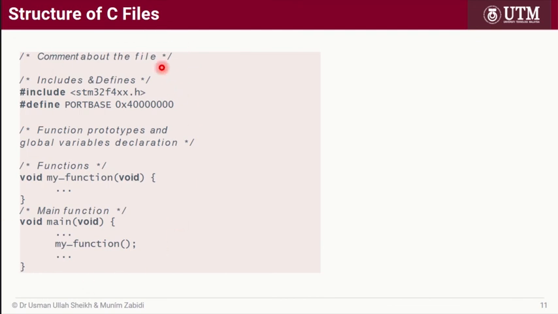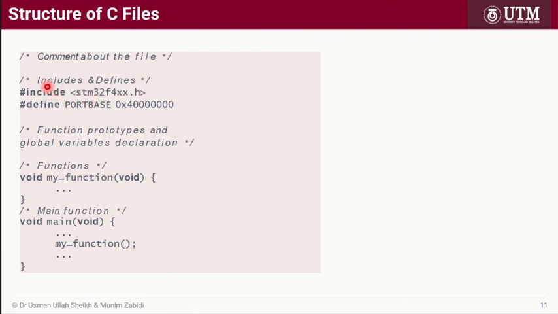The C program can be divided into 4 main parts. The first part is called include files and variable definitions.